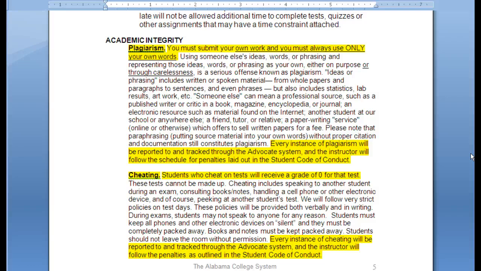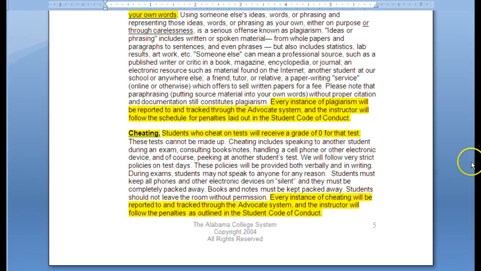You should only ever use your own words, not the words of a tutor, not the words that you found online, not even the words of a dictionary without proper citation. And since we don't require citation in this class, and we don't require research in this class, there's absolutely never any reason to use anyone's words but your own. Cheating can earn you a 0 on a test, and it'll be tracked.